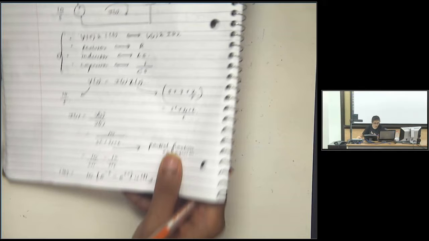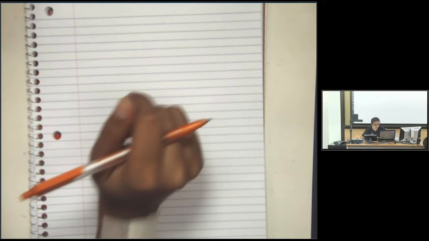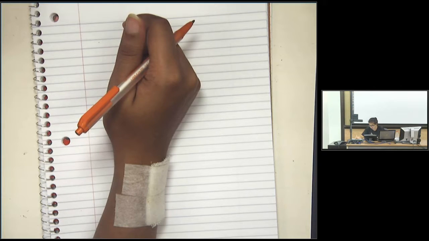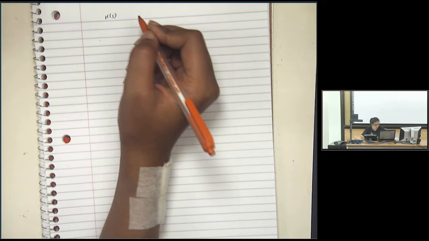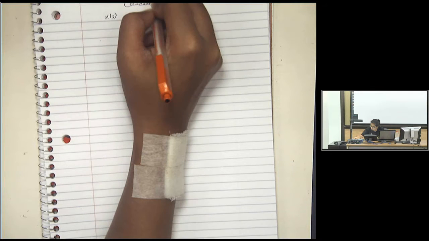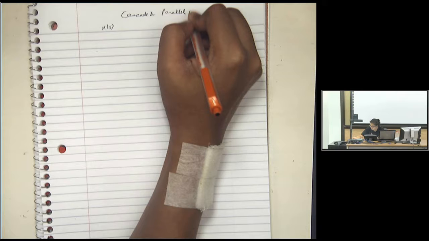Okay, so next thing is how would you realize a system if its H(s) is given to you. So we have cascade and parallel realization.